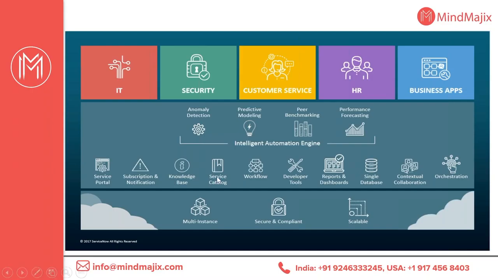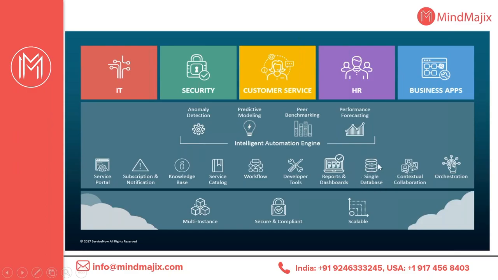We have catalog items wherein you can order things. Suppose Apple is using ServiceNow and you want to order an Apple iPad, you can do it by using the service catalog. You have workflows, and you have reports and dashboards, which are very important for the leadership to see where we are exactly, to get the collective data in a report in a pictorial format. The important thing is that we have a single database.